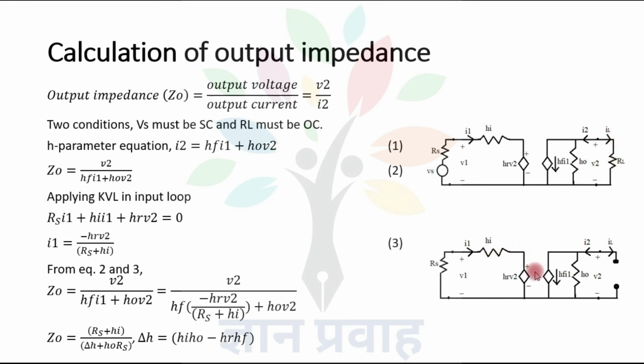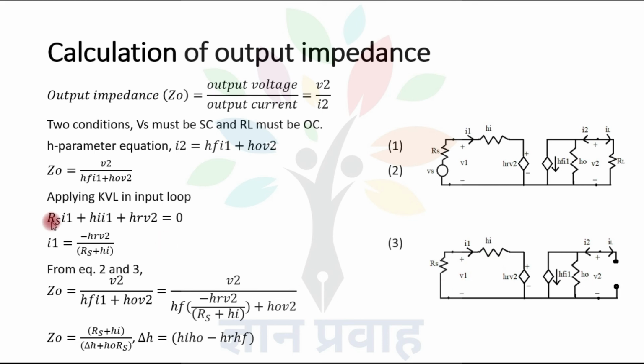The equivalent circuit is given here. The H parameter equation is I2 equals HF I1 plus HO V2, and Zo equals V2 upon I2. Now we are applying KVL in the input loop.